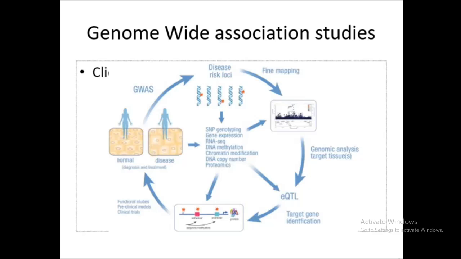You then go through fine mapping and really home in on your target of interest, and then you select the tissue of interest and investigate the differences in gene expression. Once you've undergone that process, you've identified if there's any difference in gene expression.